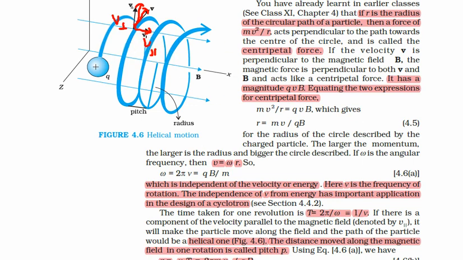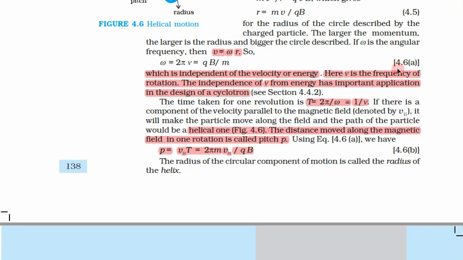One is perpendicular to the magnetic field, another is parallel to the magnetic field. This second component, parallel to the magnetic field, will make the particle move along the field.